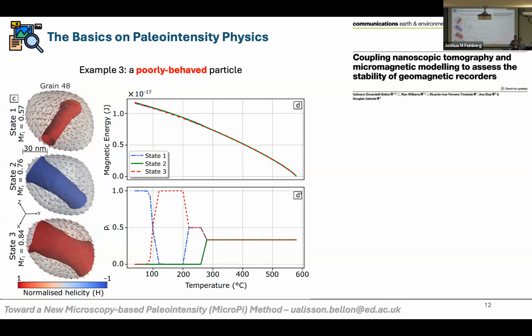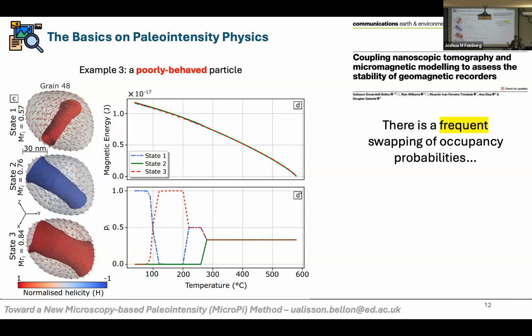So the same particle can have, for example, in this scenario, I'm showing that it could have 3 domain states with different magnetizations and the same energy related to them through the entire range of temperature. So basically what that means, when you look at the probability of them occurring in here from 0 to 1, where 1 means it will definitely occur and 0 means it will not, there is a constant swapping between these states across the whole range of temperatures.